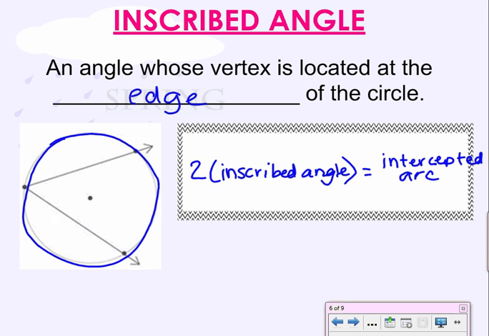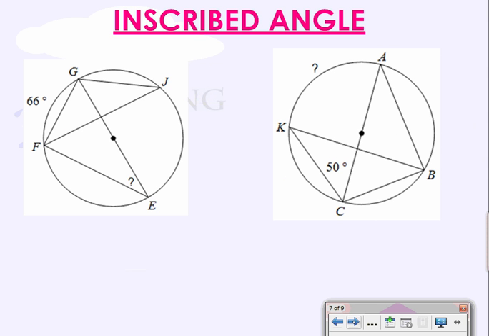Okay, so let's see how this will work with a few examples. First I'm going to trace what I know. I have this intercepted arc here, and I need to find the angle that is across from it. So I'm just going to connect my endpoints of my arc and see that I have a nice inscribed angle there.